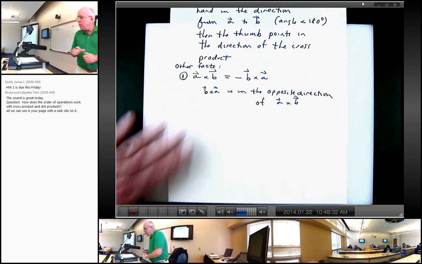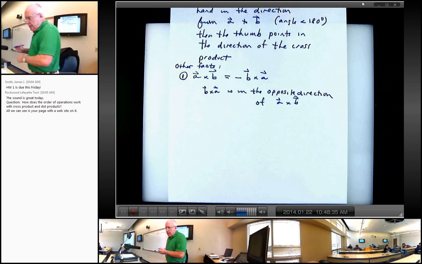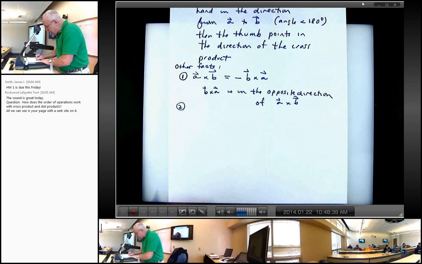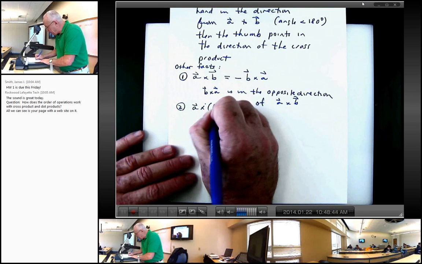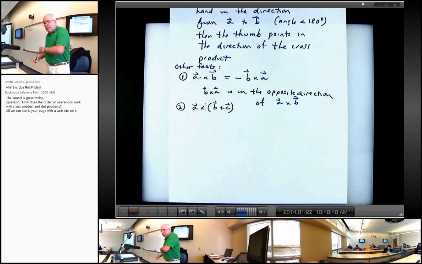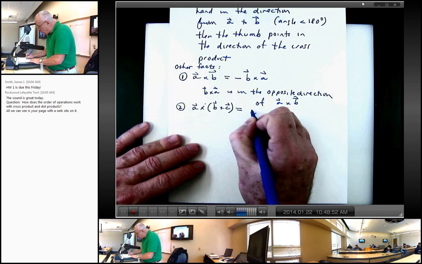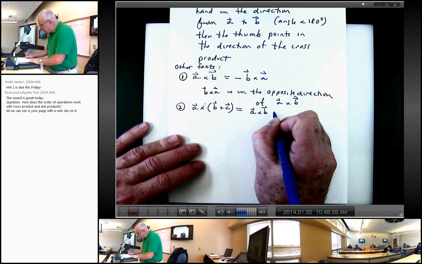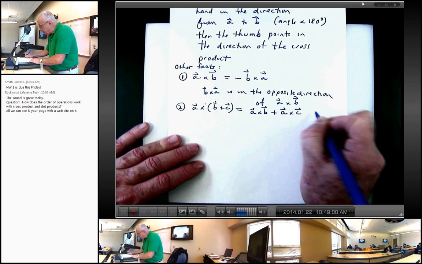So A cross B equals minus B cross A. And then number 2, if we take A and we cross it with B plus C, where we're adding the two vectors together, then this does distribute. This is equal to A cross B plus A cross C. So it does distribute.